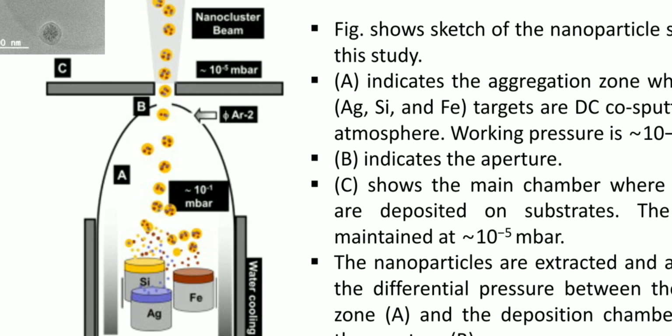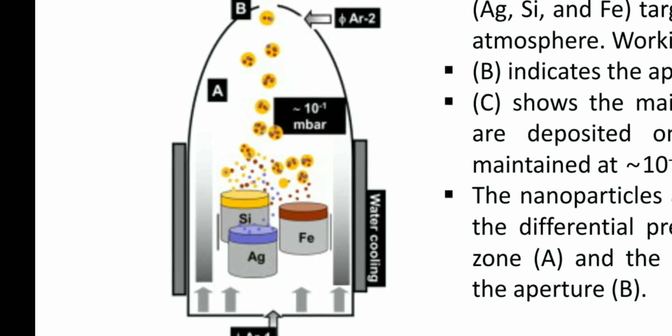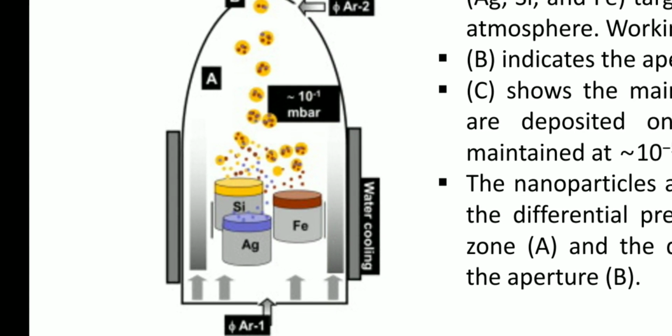Okay. In the downward chamber, we can see there are three different sources of the metals, for example silver, iron, and silicon. Okay. And as I said, you have to vaporize them. So you can either evaporate them by using the thermal evaporation technique, or you can vaporize them by using a simple DC sputtering technique.